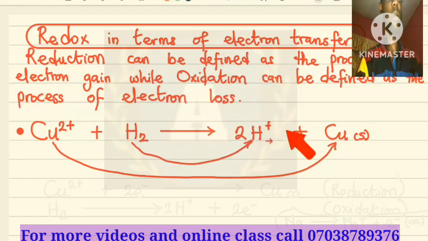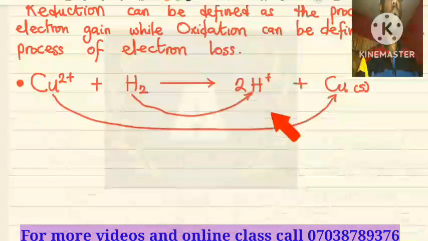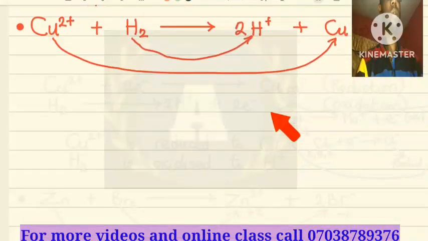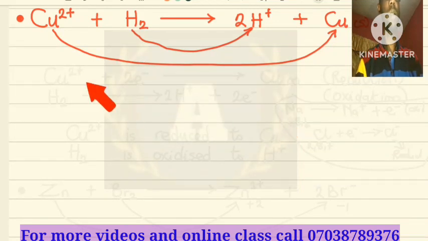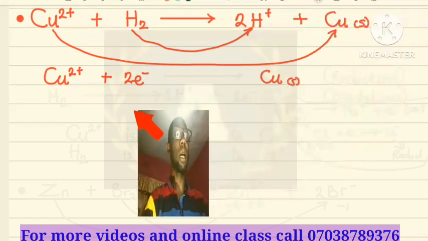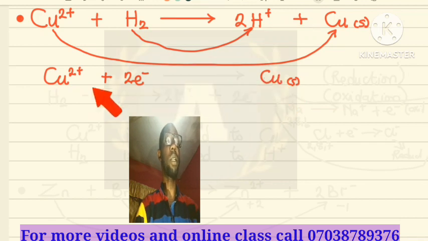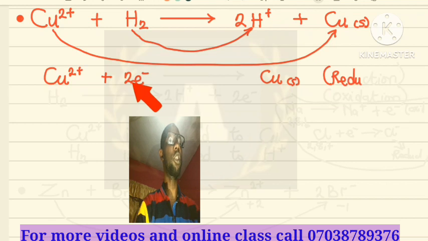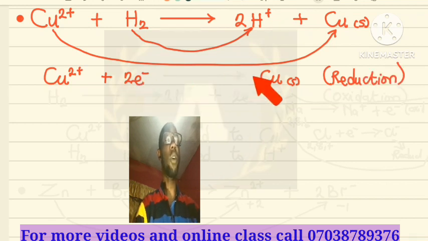What happened here is that copper 2 ion gains 2 electrons, and on gaining 2 electrons, it becomes copper solid. Copper solid is different from copper ion. The gain of electron, we said, is reduction. So the formation of copper solid from copper 2 ion is reduction because it gains 2 electrons.